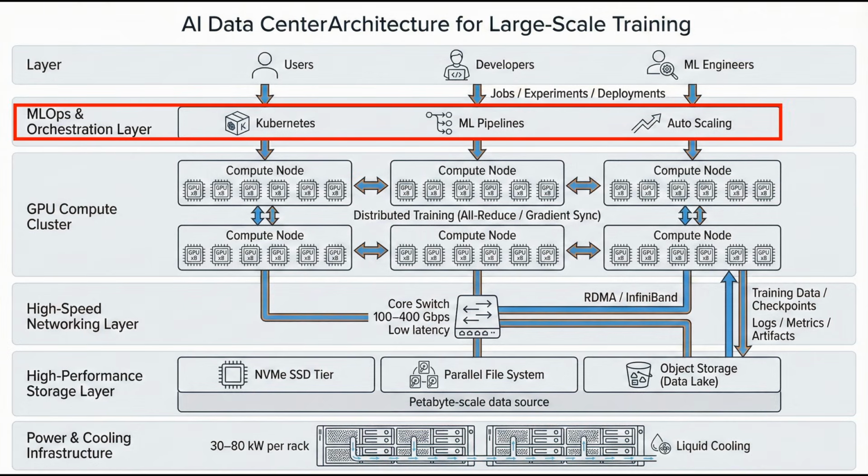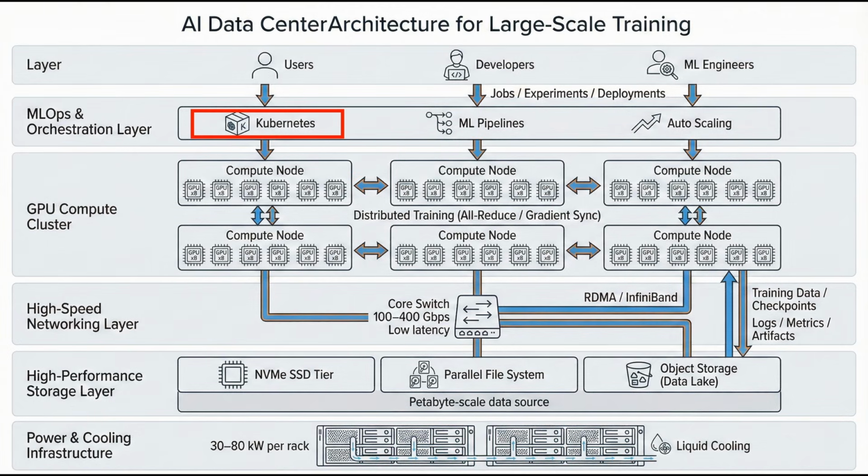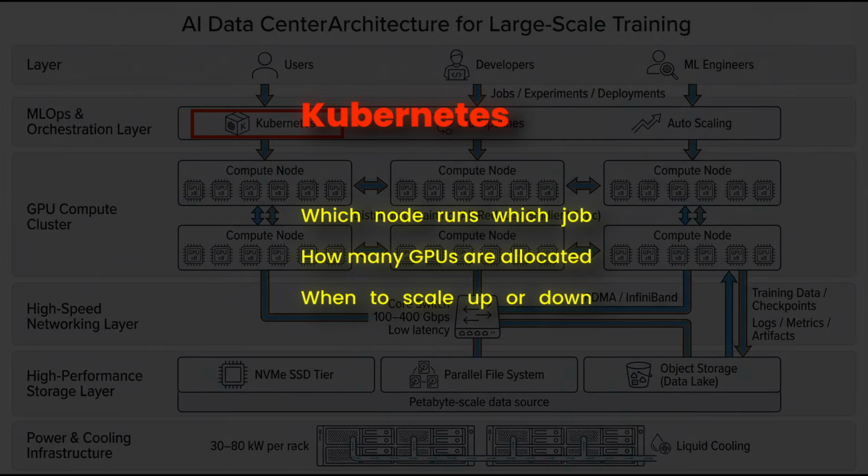This is the control tower of the AI data center, and it includes Kubernetes, ML pipelines, and auto scaling. Let's understand their responsibilities. When I say Kubernetes, again, not a new thing. It schedules the workloads across many machines, and it decides which node runs which job, how many GPUs are allocated, and when to scale up or scale down.